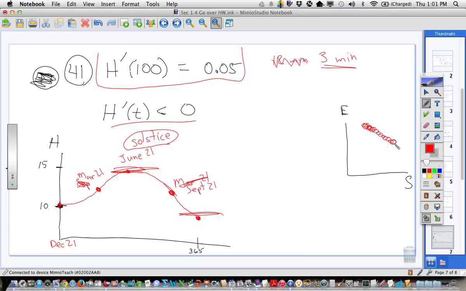And not only that, but at the inflection point, which happens right in here, it's moving the fastest. The fastest.